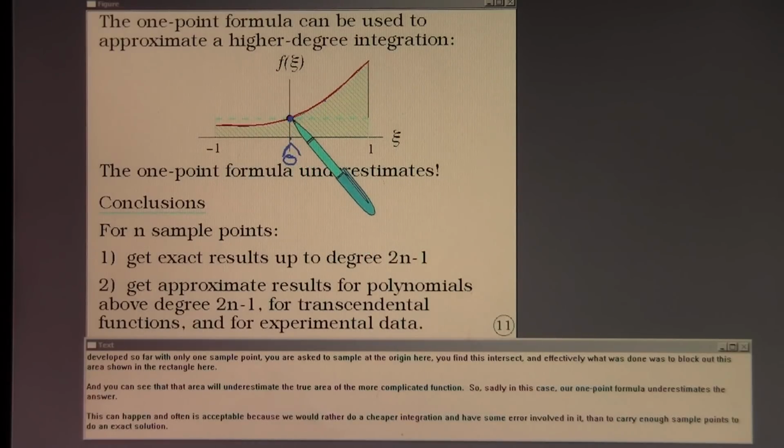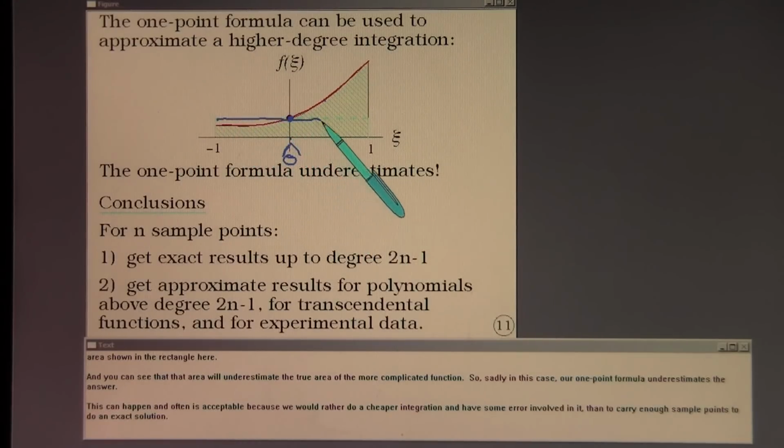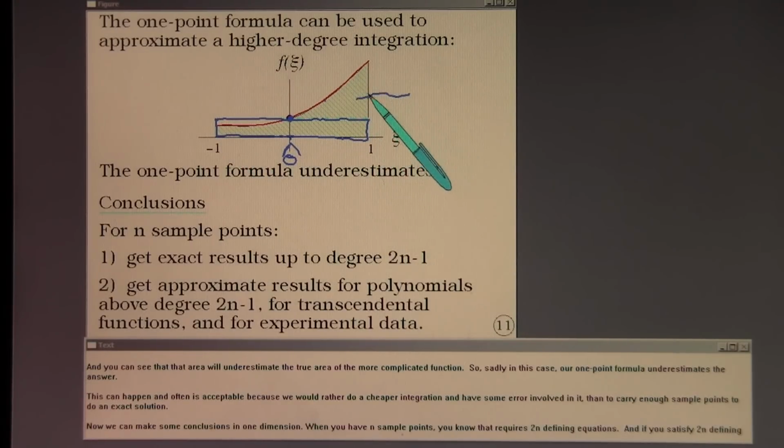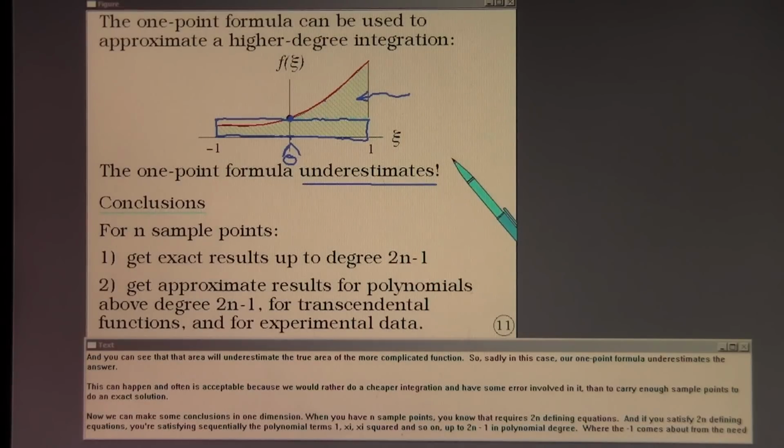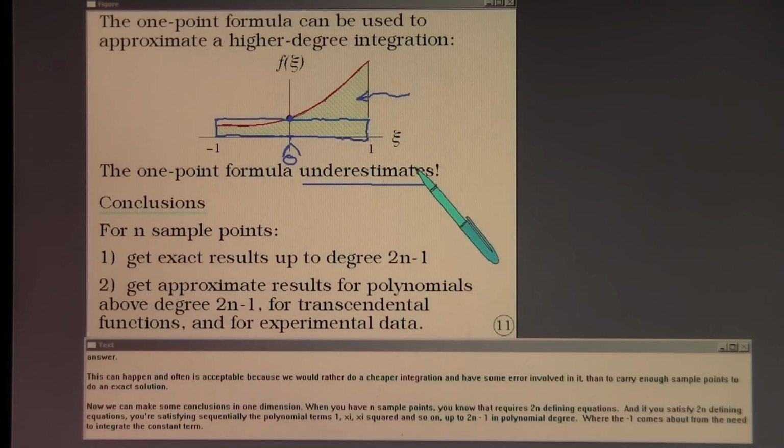You find this intercept, and effectively what was done was to block out this area shown in the rectangle here. And you can see that that area will underestimate the true area of the more complicated function. So sadly in this case our one-point formula underestimates the answer. This can happen and often is acceptable because you would rather do a cheaper integration and have some error involved in it than to carry enough sample points to do an exact solution.